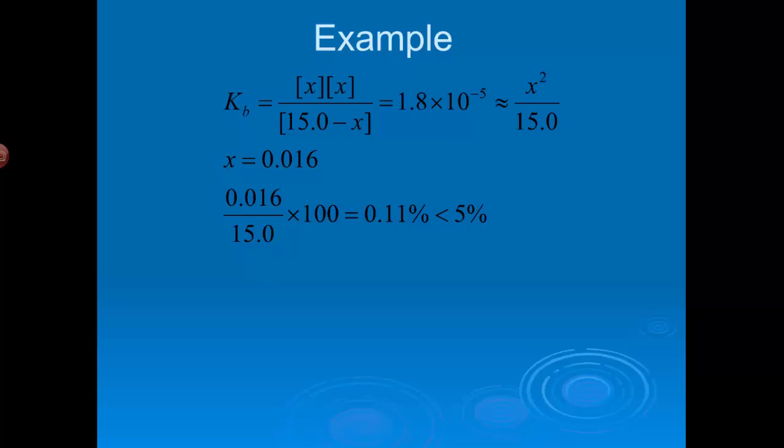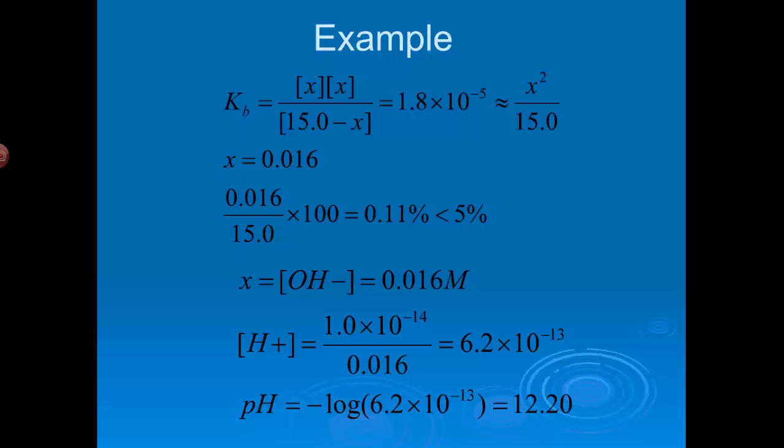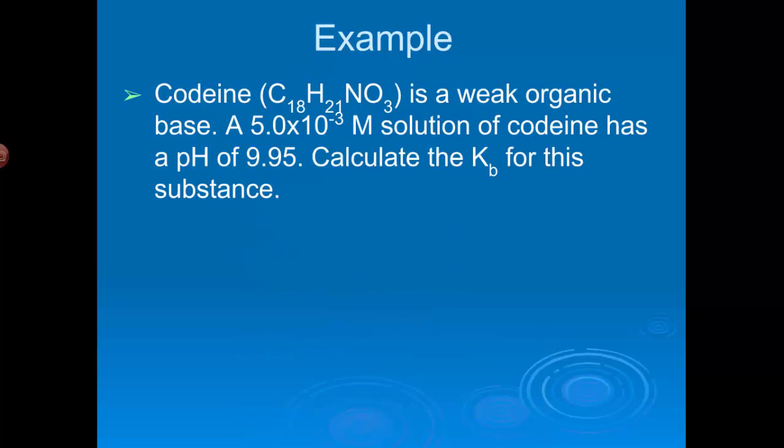X is 0.016, obviously less than 5%. We can do the check, right, but 0.11% we're talking about. So X is my hydroxide concentration. I need the H plus concentration to find the pH, so I divide the hydroxide concentration into 1.0 times 10 to the minus 14 to get the H plus concentration, take the negative log, as usual. Okay, pH is 12.20.